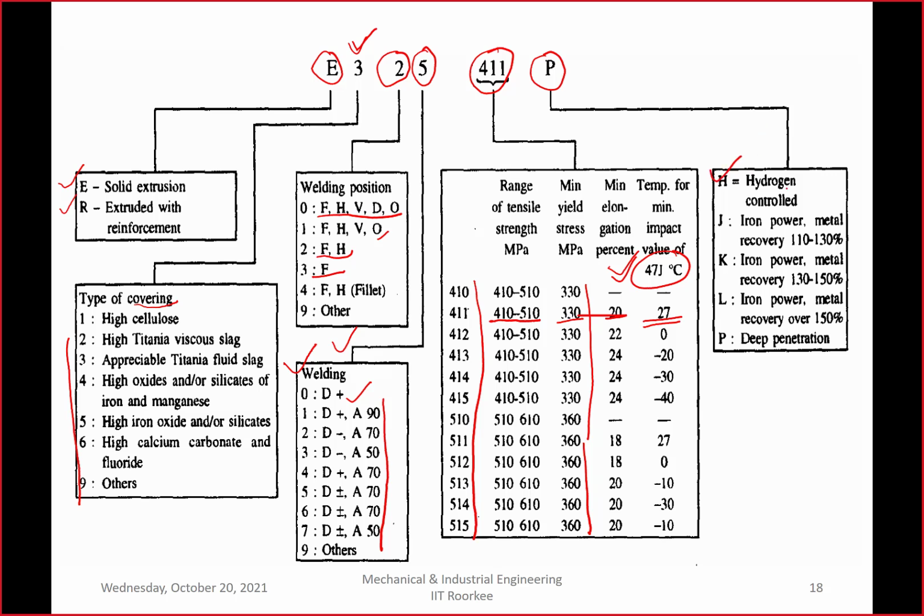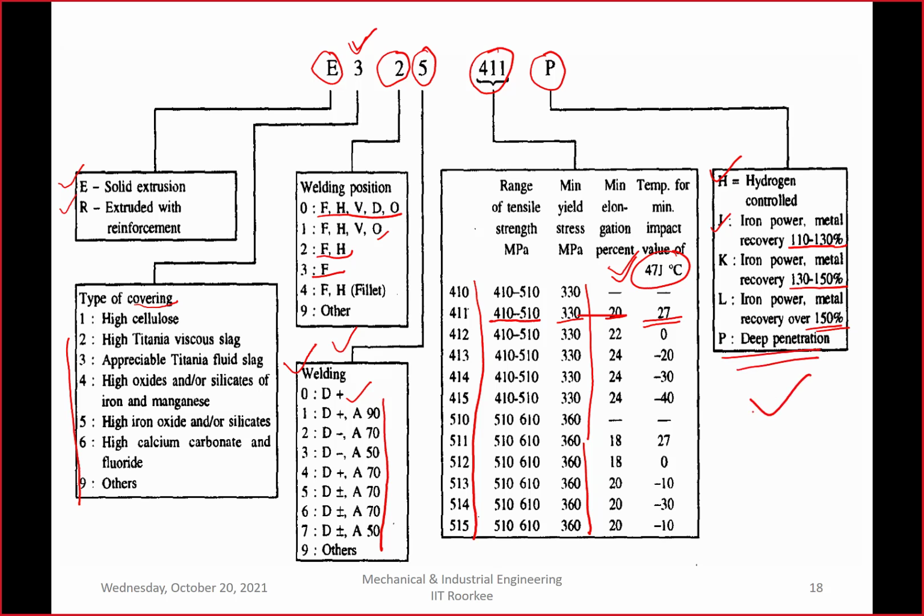Say H for the low hydrogen or hydrogen controlled electrode, J is for where iron powder has been added leading to 110 to 130% deposition efficiency, K is for 130 to 150% efficiency, L is for deposition efficiency greater than 150%, and P is for deeper penetration.